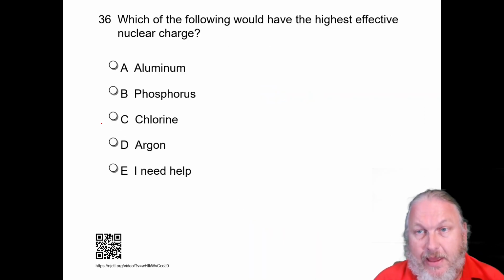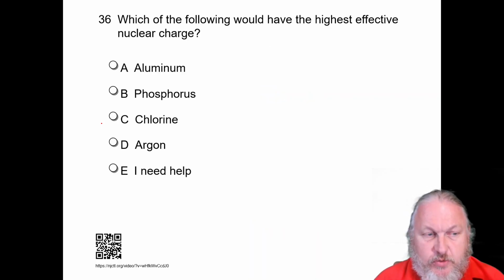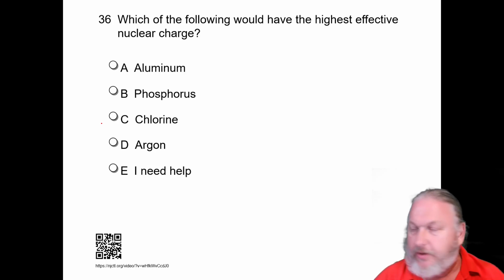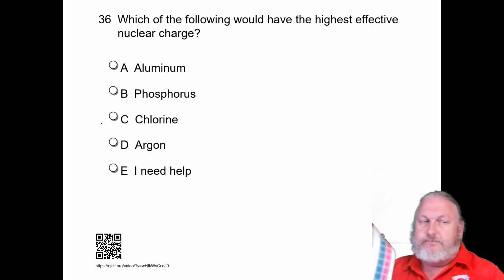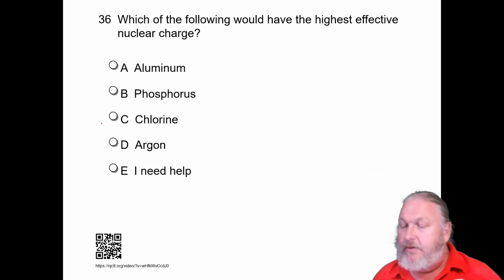Which of the following would have the highest effective nuclear charge? Well, let's look at these on the periodic table. Aluminum, 13, is in the third energy level. Phosphorus, 15, is in the third energy level.